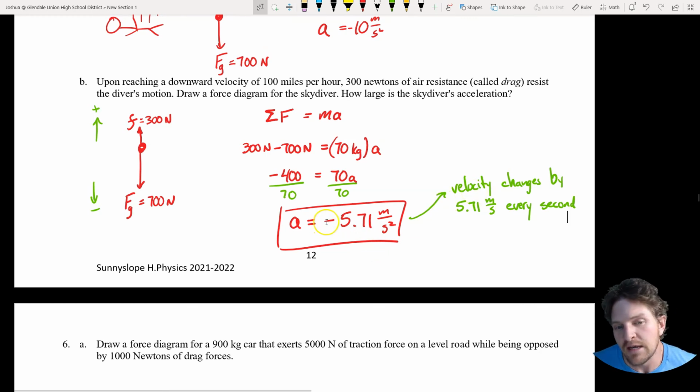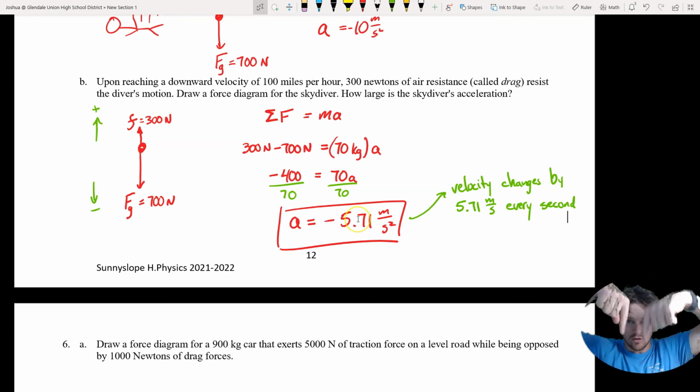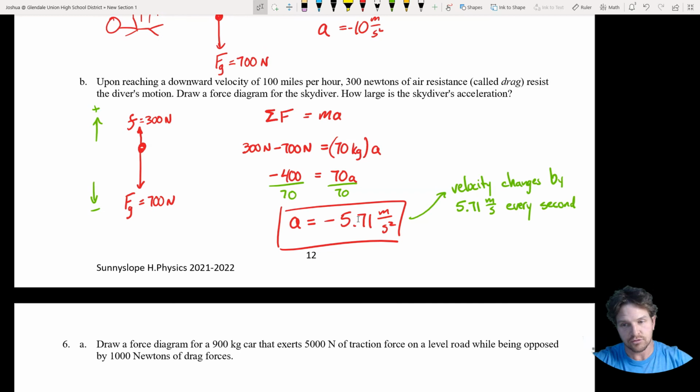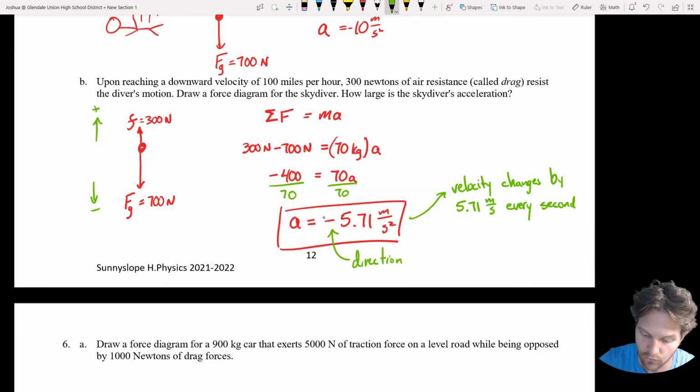The negative means that the acceleration is directed downward. So the velocity is changing downward 5.71 meters per second every second. If they're already going down, they're going to be going faster and faster. If they're going up, because that acceleration is directed down, it's going to slow them down. But that negative is the direction, so it's important to remember that the negative is giving you the direction of that number.